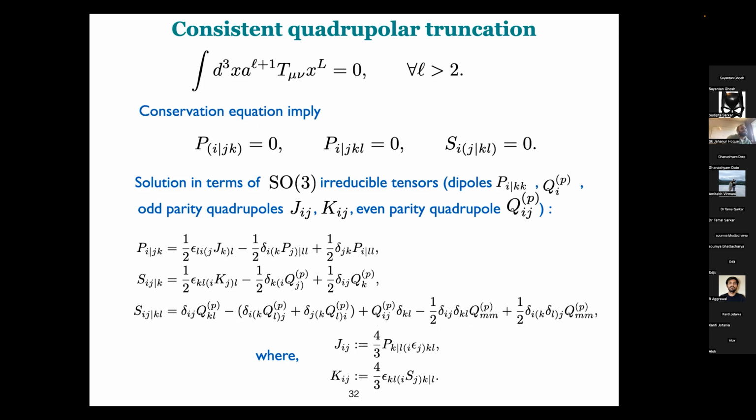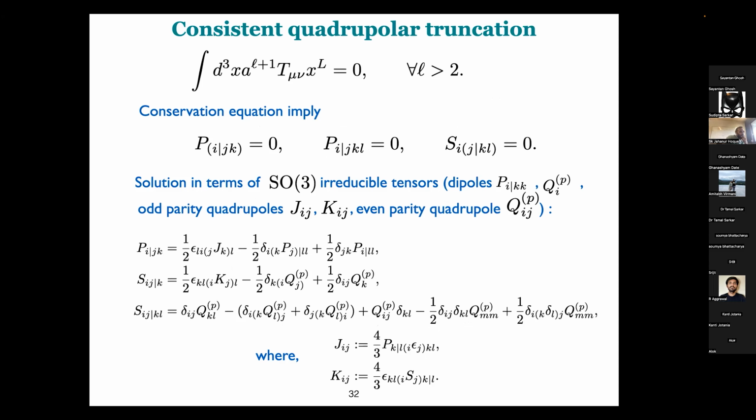Then the trick is that if you want to really extract your quadrupolar order, you need a quadrupolar truncation. By quadrupolar truncation, I mean if there is an index L greater than 2, that means T mu nu xi xj greater than 2, that should be 0. Okay, so this is the quadrupolar truncation. And also, if you look at the conservation equation, it satisfies some other constraint, namely this kind of constraint.